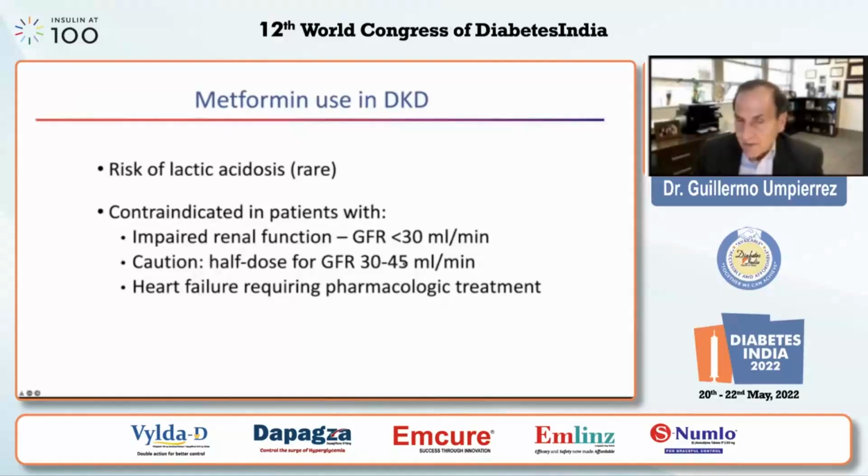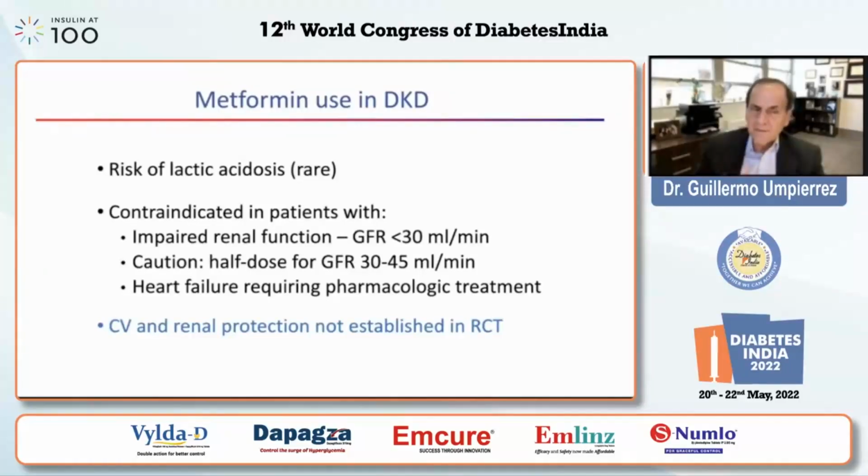You should limit the dose to 1 gram, 500 milligrams twice a day. In patients with heart failure, there is also a need to stop metformin, because both heart failure and impaired kidney function with GFR less than 30 may increase the risk of lactic acidosis, although it's a rare complication.